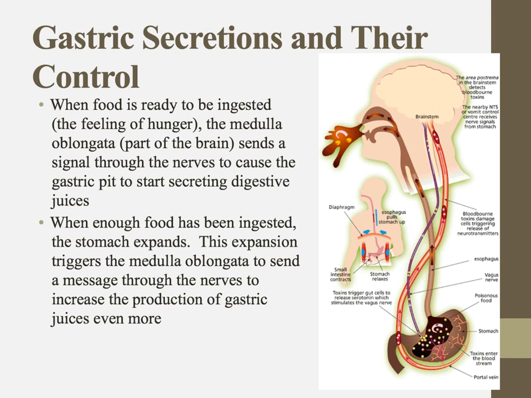So when you're getting ready to eat, that feeling of hunger signals a part of your brain near the brainstem called the medulla oblongata. The medulla oblongata is going to send a message along the vagus nerve, all the way down to your stomach. And it tells those gastric pits to start secreting digestive enzymes. Like, hey, food is going to come soon and I want you to be ready.